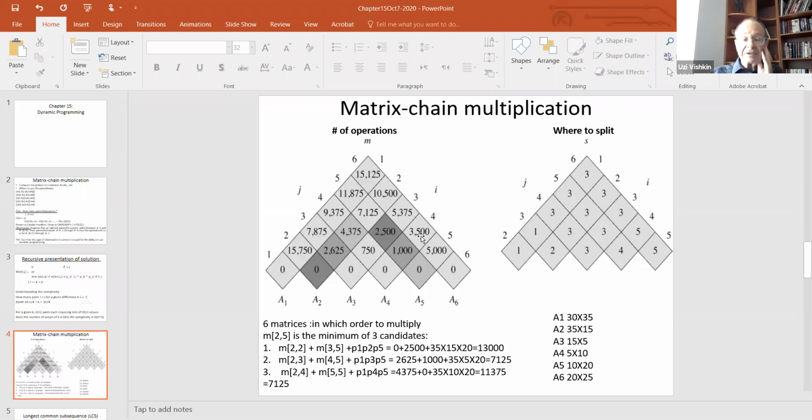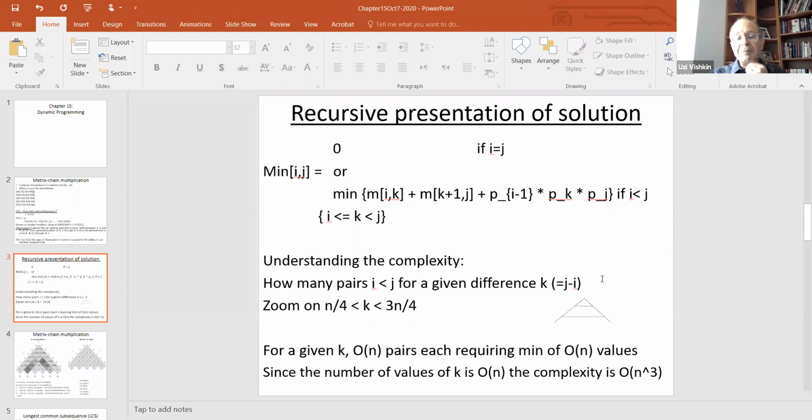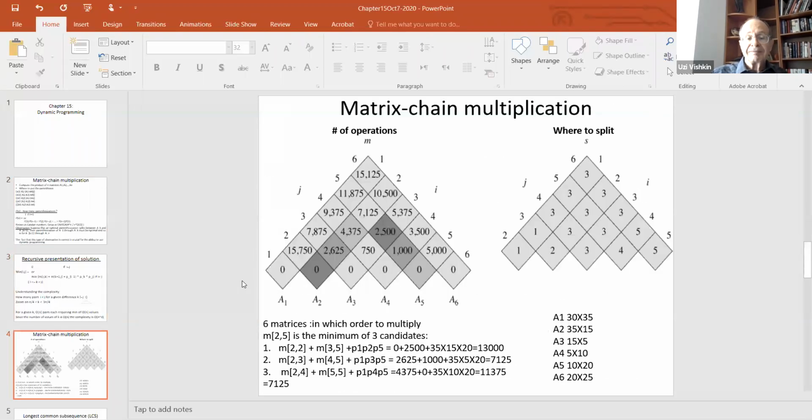So here's the answer. I try to capture it by imposing this image. Imagine that this is a miniature image of this triangle.